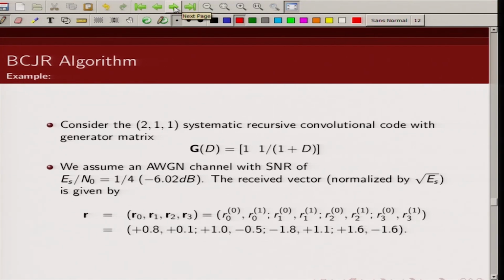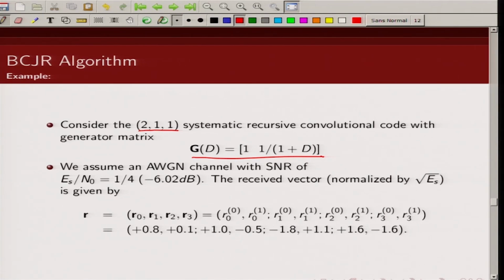So, let us now show the same using an example. We are going to consider an example to illustrate how we can do BCJR decoding. We are considering a rate 1/2 convolutional code with memory 1, whose generator matrix is given by this.